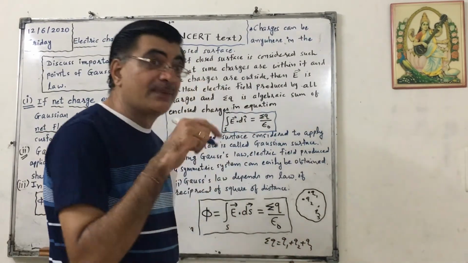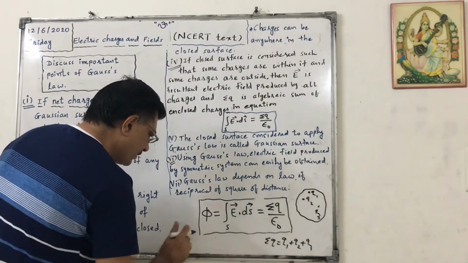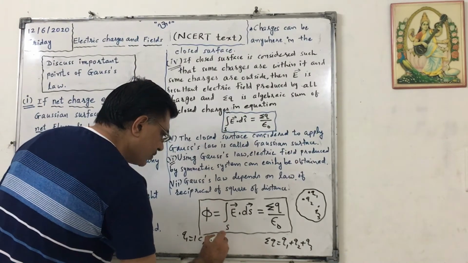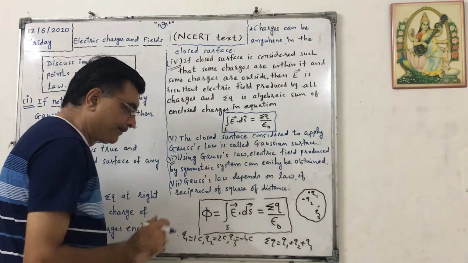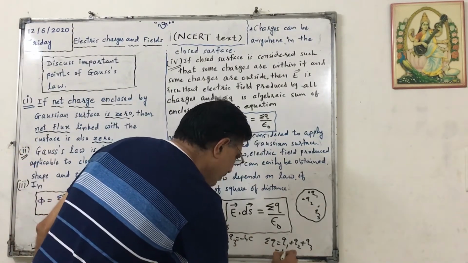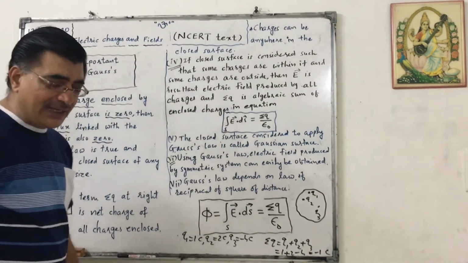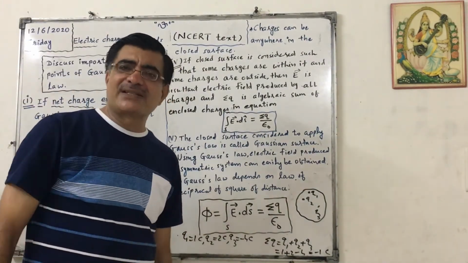Actually, this is an algebraic sum. Suppose q1 equals 1 coulomb, q2 equals 2 coulomb, q3 equals minus 4 coulomb. Then this will be 1 plus 2 minus 4, that is minus 1 coulomb. So it is an algebraic sum. We have to add charges with their signs.